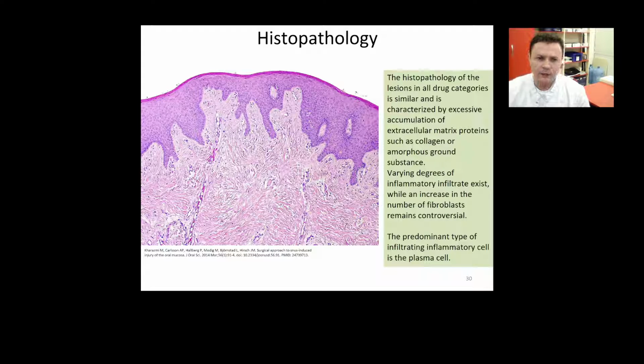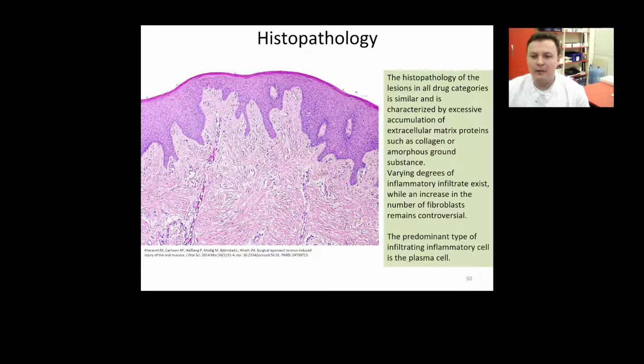An ultrastructural study demonstrates the increase in gingival tissue volume is primarily due to connective tissue response rather than epithelial cellular involvement. The histopathology of the lesions in all drug categories is similar and is characterized by excessive accumulation of extracellular matrix proteins such as collagen or amorphous ground substance.